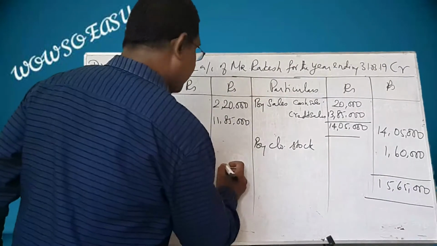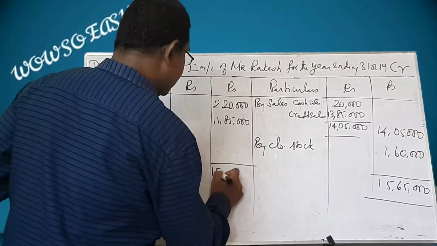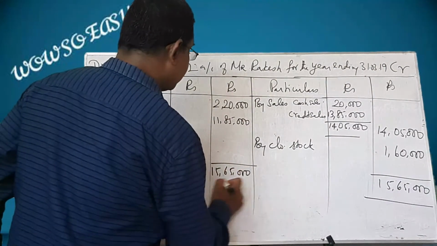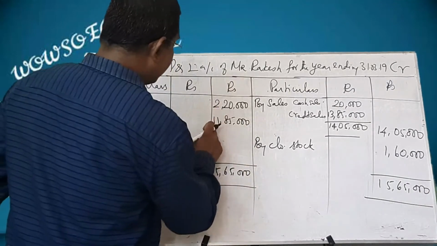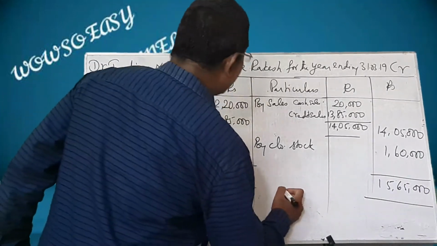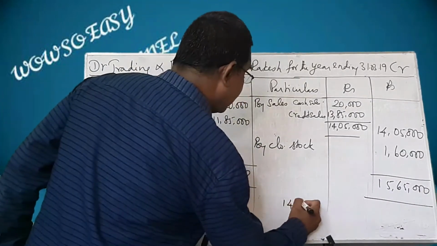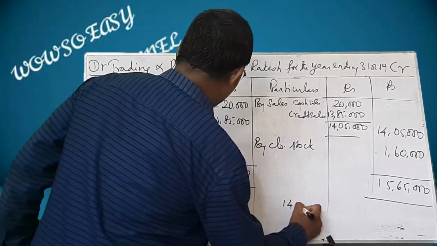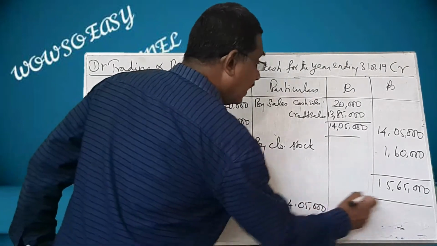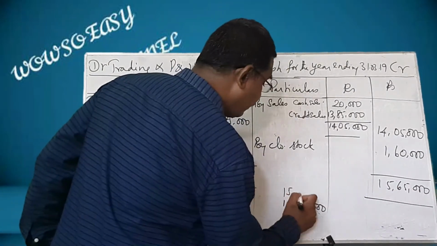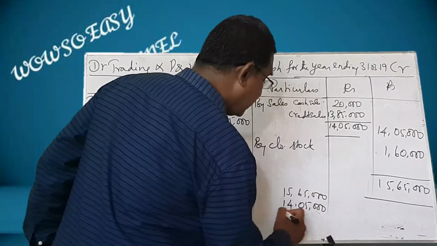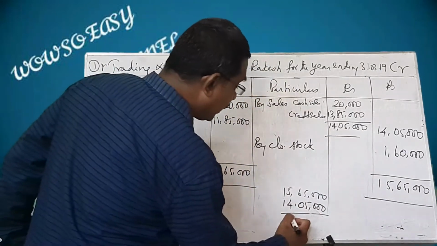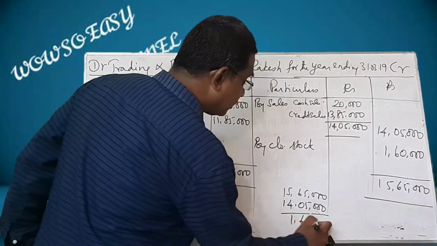15 lakhs 65,000. We find the total of 14 lakh 5,000. From 15 lakh 65,000, subtract this 14 lakh 5,000, you will get 1 lakh 60,000.